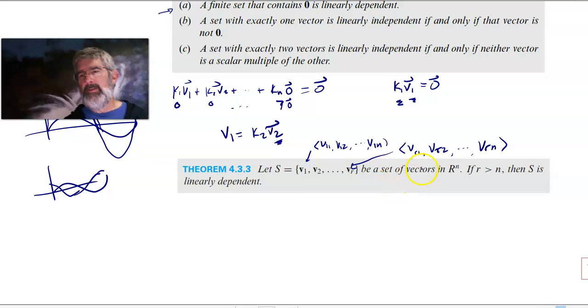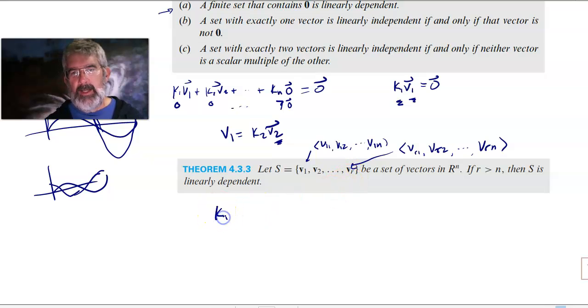So each one of those vectors, the way I'm going to describe them is in terms of these double subscripts. The first subscript tells you which vector you have. The second subscript tells you which coordinate you're in.